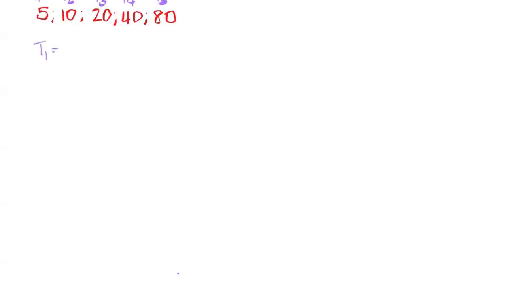T1 is equal to A and your ratio is equal to R. Now, if we want to find T2, we need to multiply term 1 by R. Because we said term 1 is A, it would be A, just put that in brackets so you can see, times R, which is the same as saying AR. T3 is equal to T2 times R.